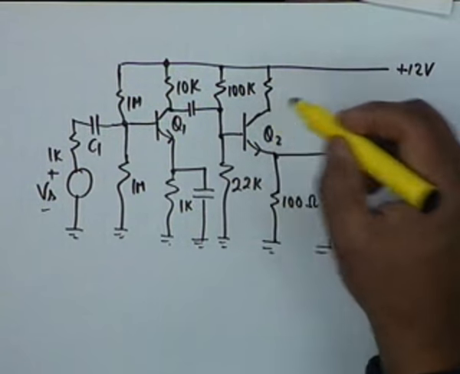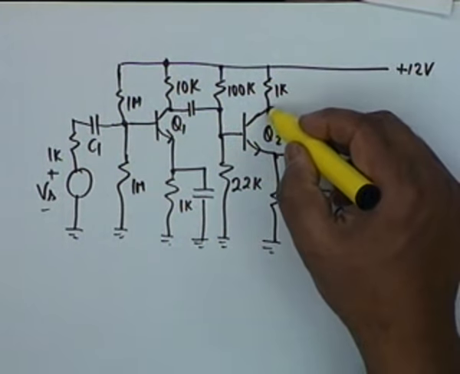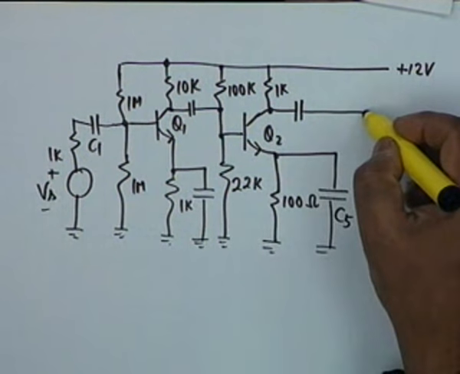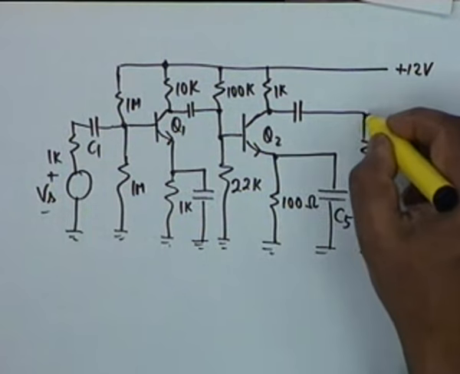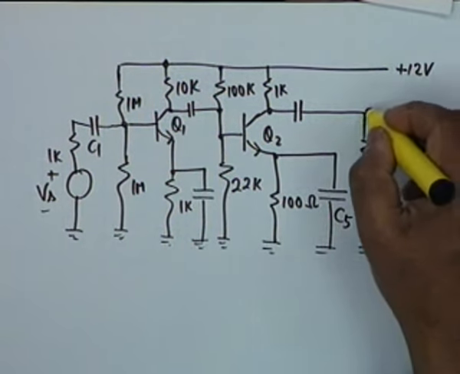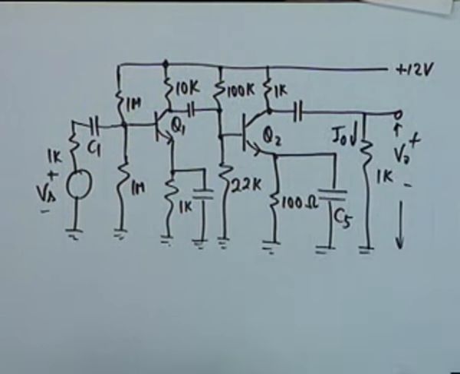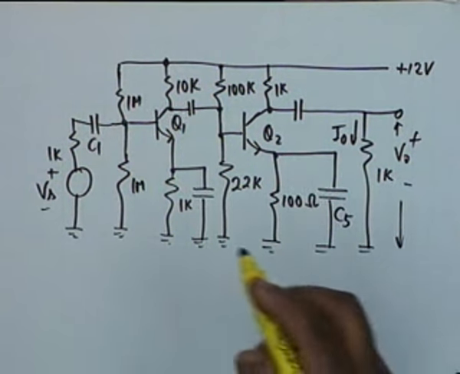The load, the R sub C of this transistor Q2, is 1K, and this capacitor is a coupling capacitor, and the load is 1K. This is my V0 and this is I0. The problem is fairly involved, but we will solve it.